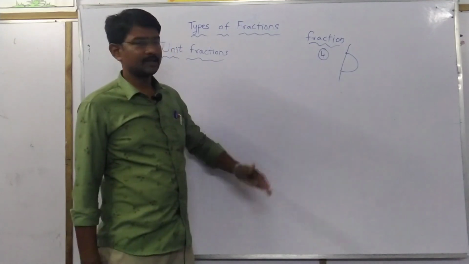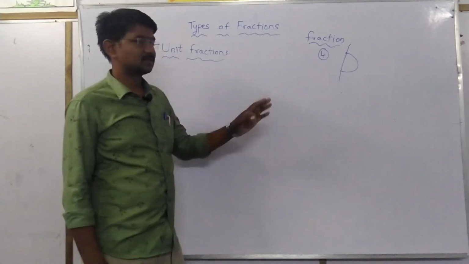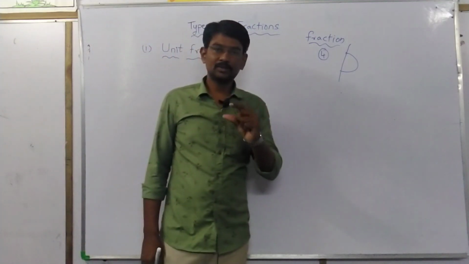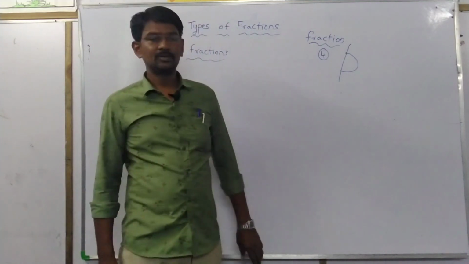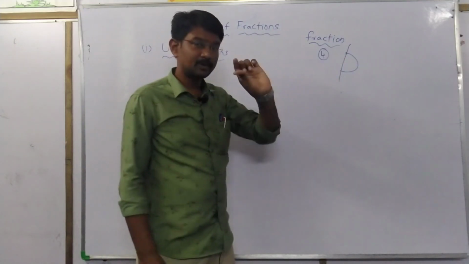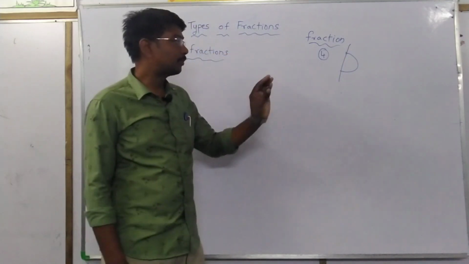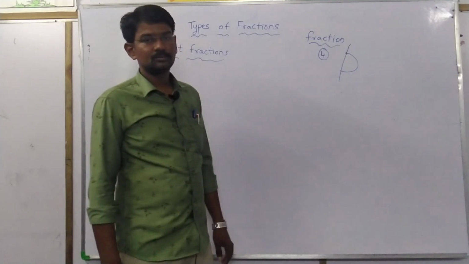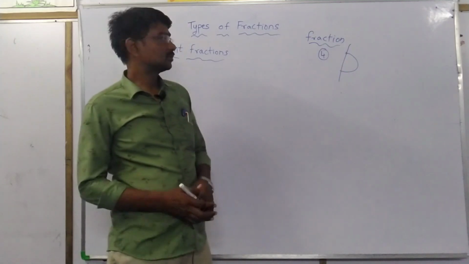So in this case we use fractions. What is a fraction? A tiny part or some part of a whole thing. One whole thing, but taken some part. What is the part? 1 by 2. So that is the fraction.